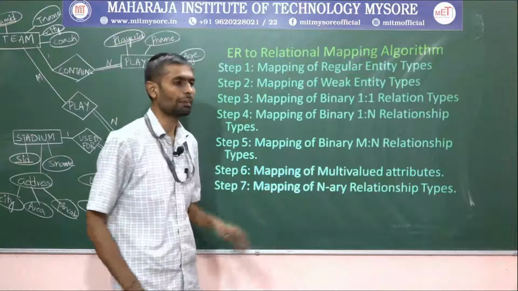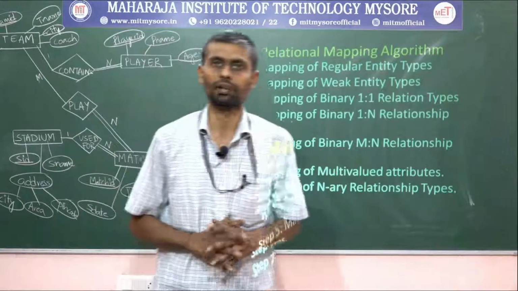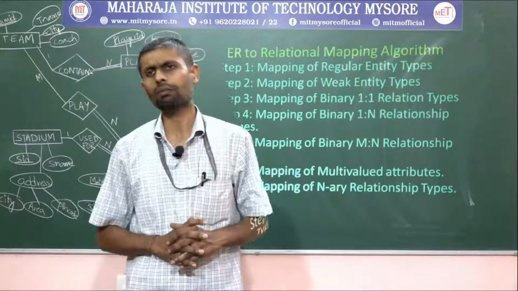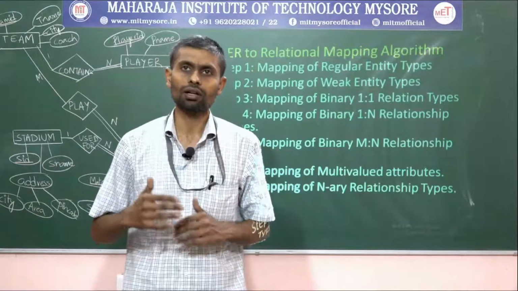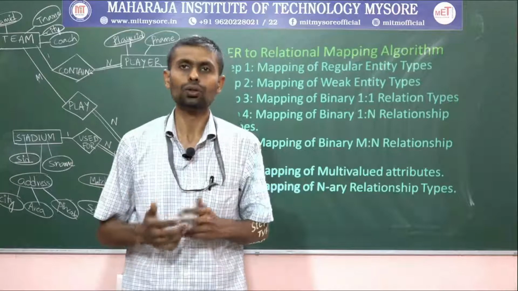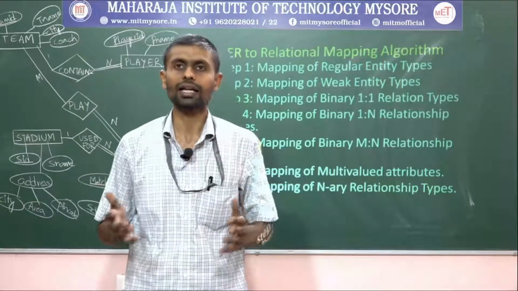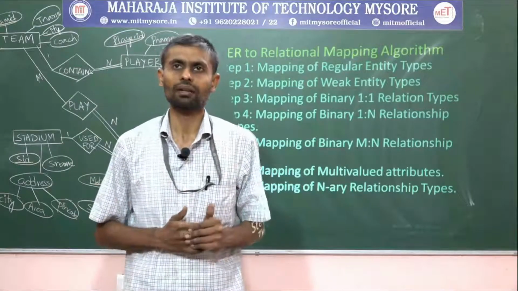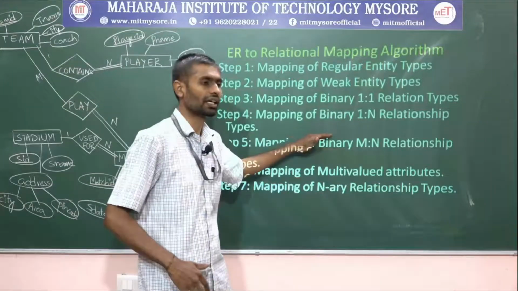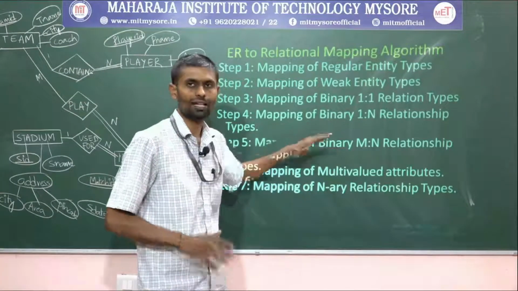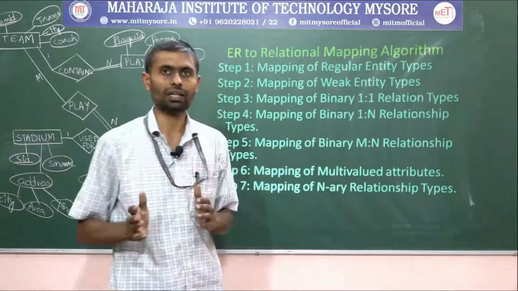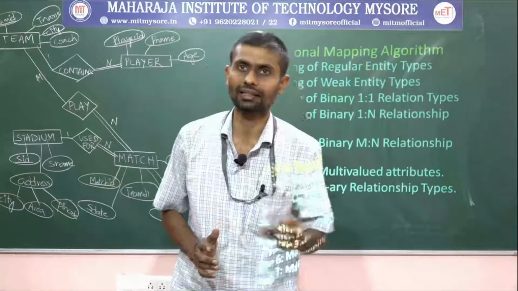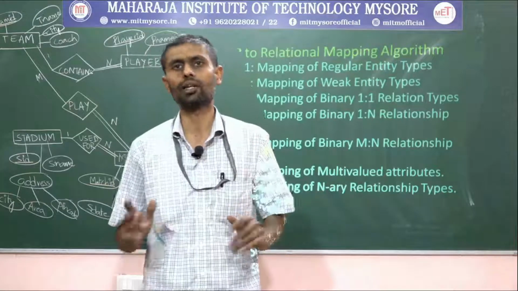Next, mapping of one-to-one relationship type. When we map a one-to-one relationship type, we go with a foreign key approach. That means don't go for creating a new relation. Instead, for one-to-one and one-to-many, and its opposite, many-to-one, for all these 3 cases we are not creating a new relation.